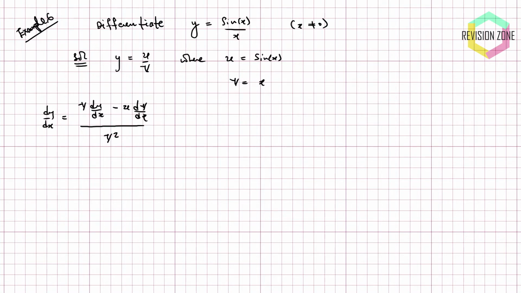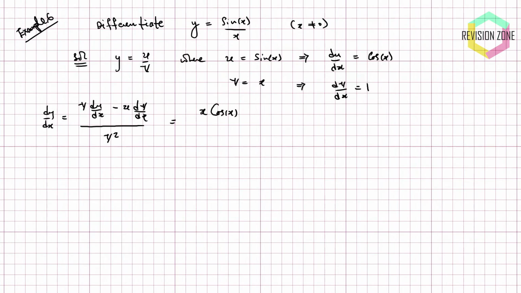So I need derivatives of u and v. We know that the derivative of the sine function is the cosine function, and the derivative of x is just 1. Now I come to the formula for the quotient rule. My v is just x, so I write that down, and my du by dx is cosine x, so I write that down.